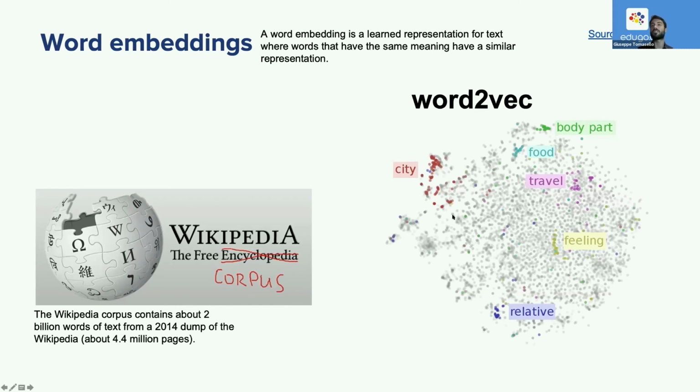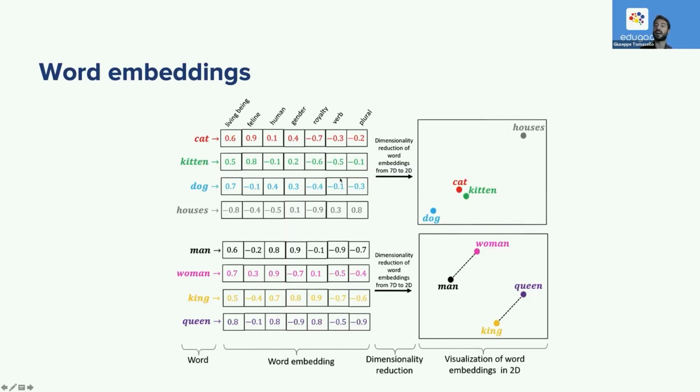So the way it looks is something like that. Usually this word2vec model uses 200 dimensions, which is a lot of different dimensions. The one you're seeing here on the screen just uses 7 dimensions, right? So you can see here the words cat, kitten, dog, houses. This cat vector has seven dimensions, and each number represents one coordinate in one of these dimensions.